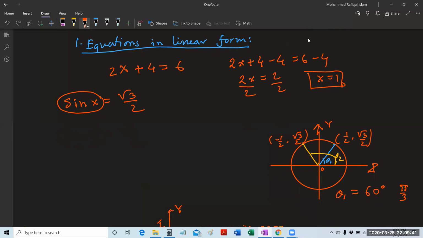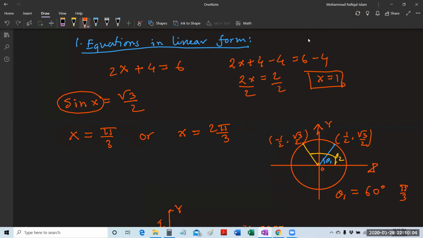So in the 0 to 2 pi range, we have two angles that give sine x equals root 3 over 2. So our solution could be x equals pi over 3, or x equals 2 pi over 3.